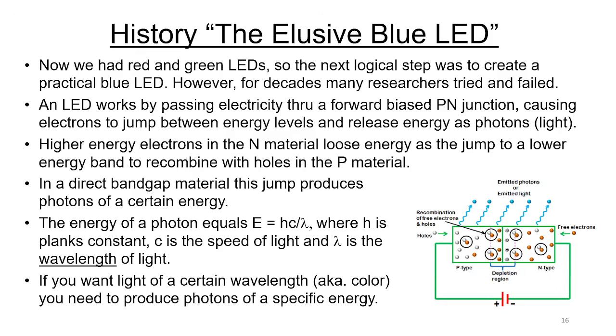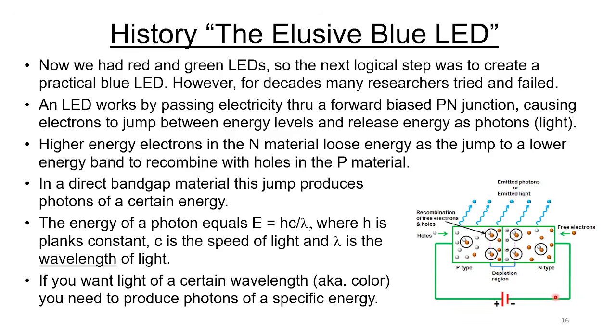Now, an LED works by passing electricity through a forward biased PN junction, causing electrons to jump between energy levels and release energy as photons, light. And we show this in this diagram off to the right here. Now, higher energy electrons in the N material lose energy as they jump to a lower energy band to recombine with the holes in the P material.